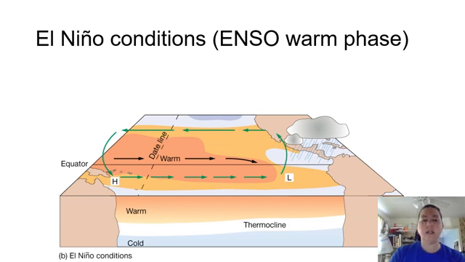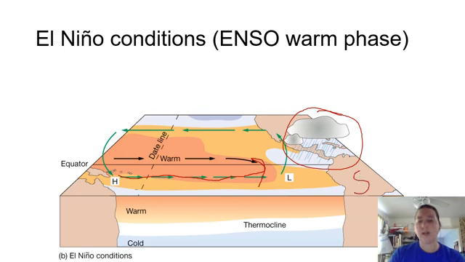El Nino conditions, what happens is it's now changed. The weather patterns or the atmospheric patterns have now changed. So we have more warmer weather over here. We're driving the warmer water, excuse me, across the equator to, again, South America.